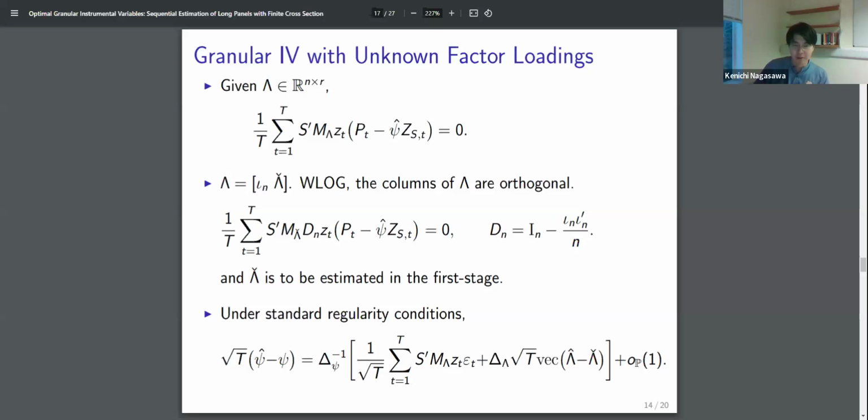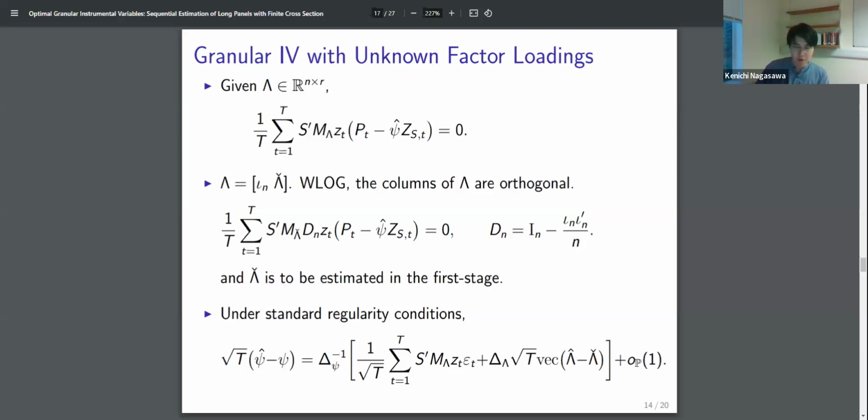And to talk about the estimation of lambda, it is convenient to rewrite this sample moment condition. The first column of lambda is just a vector of ones, iota, and from column 2 to column r, these are the factor loadings that you need to estimate, which I write as lambda check here. Without loss of generality, the columns of lambda can be made orthogonal.